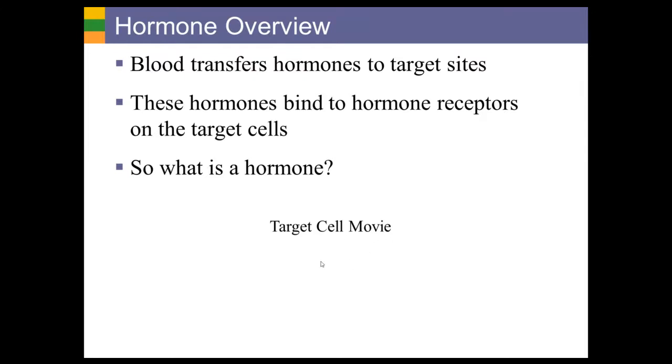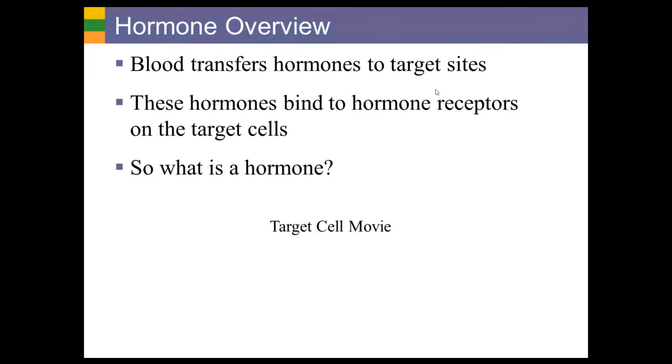But basically, a hormone is a substance that is produced by an endocrine cell. It's released into the blood, and then it's transported throughout the body, through the blood, to other cells.